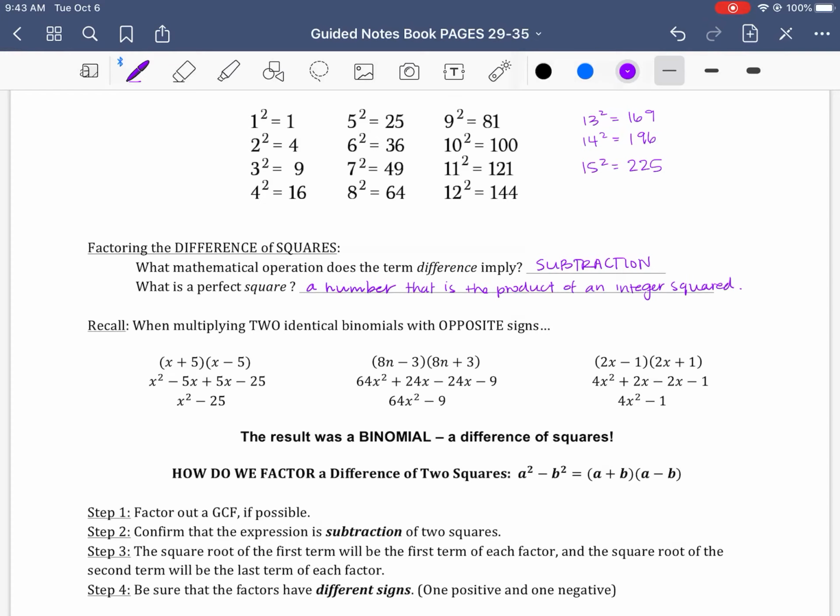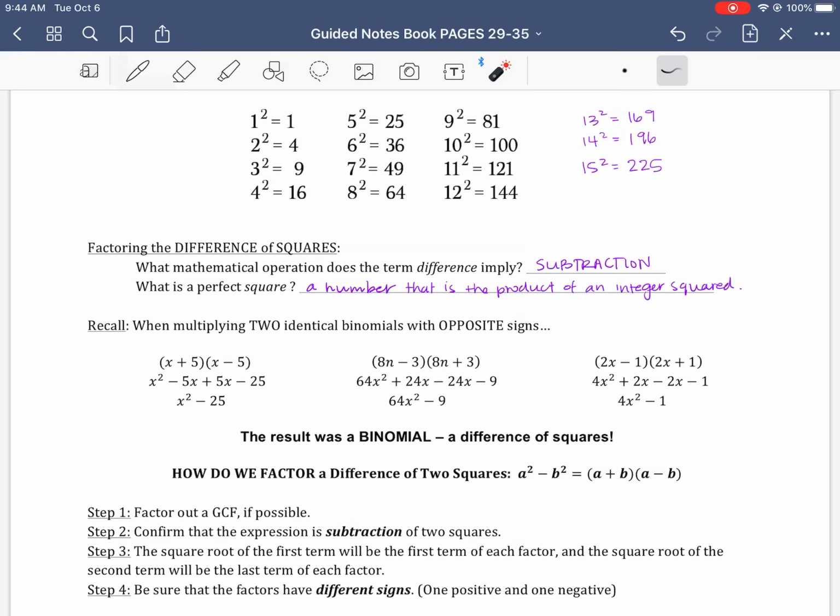Awesome. So we have those listed up at the top. Recall, this is where we went forward with these. You'll notice when we took something like x plus 5 times x minus 5, we FOILed that. We got x times x, which gave us x squared. Then x times negative 5, negative 5x. 5 times x was a positive 5x, and 5 times negative 5 is a negative 25.